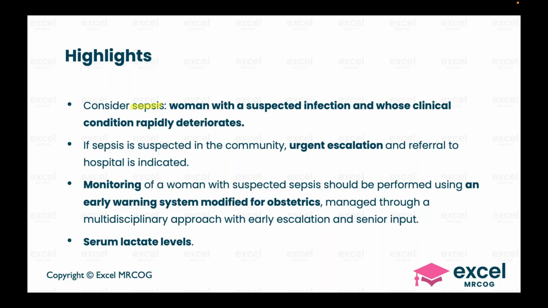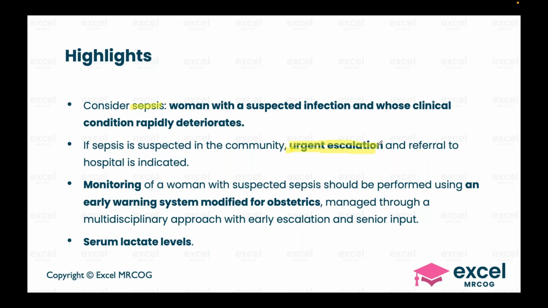What we need to remember, particularly for Part 3 MRCOG tasks, is that we need to mention urgent escalation. If she is seen at the community level, you need to urgently refer her to a hospital. If she is in a hospital and is rapidly deteriorating, you need to admit her to HDU or ICU, right?